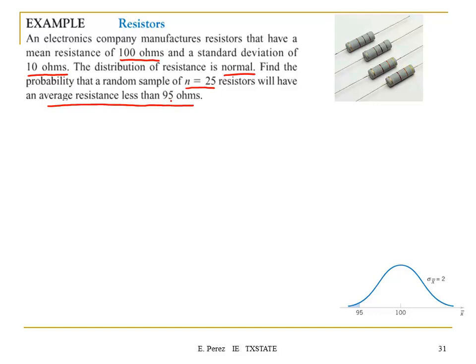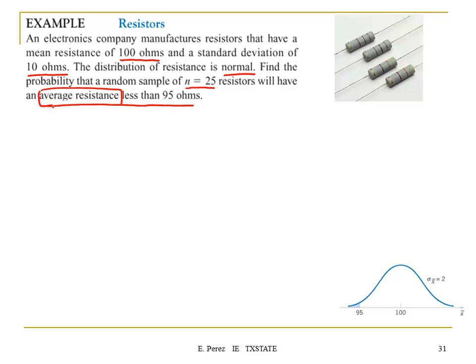Again, this question is addressing the average resistance, so your random variable is the average of the sample. As n increases and goes to infinity, we can use the standard normal distribution following the Central Limit Theorem to find that probability.